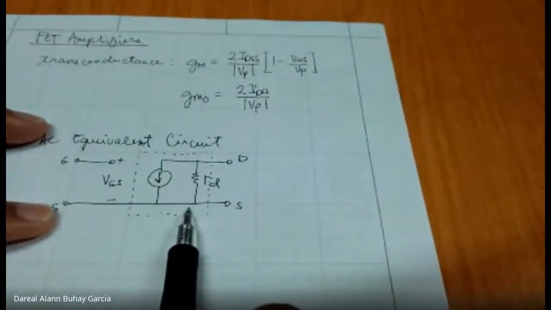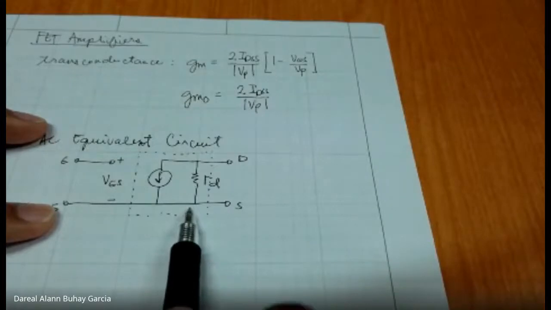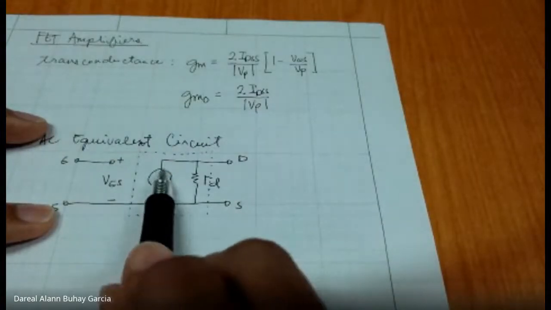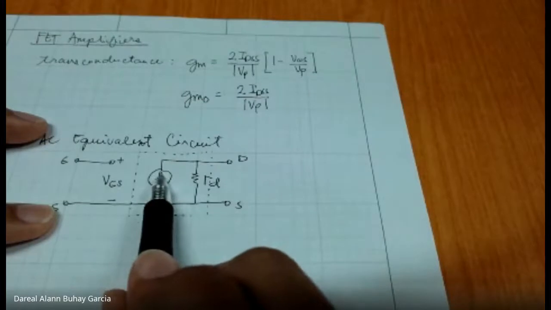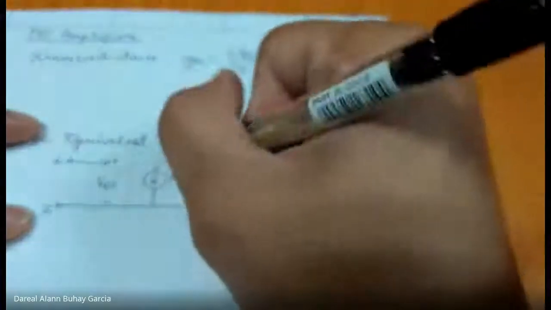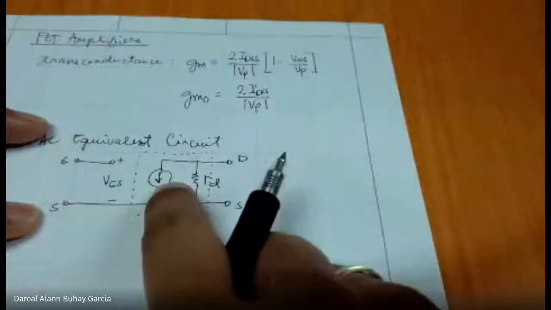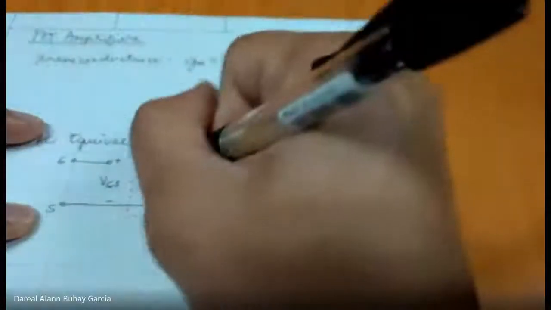If our device is a voltage controlled current source, so dependent ang atong output current IDS sa input voltage VGS. So output current IDS is equal to VGS times the transconductance factor. So GM VGS. And that's it. Muna itong model.